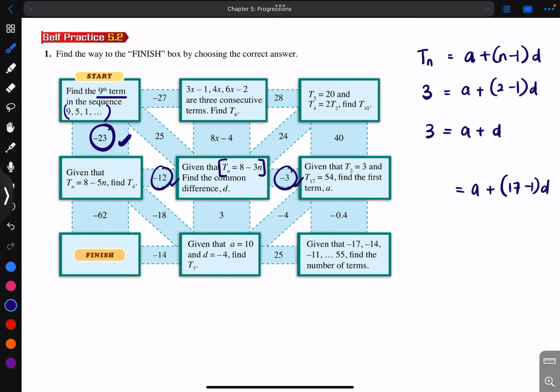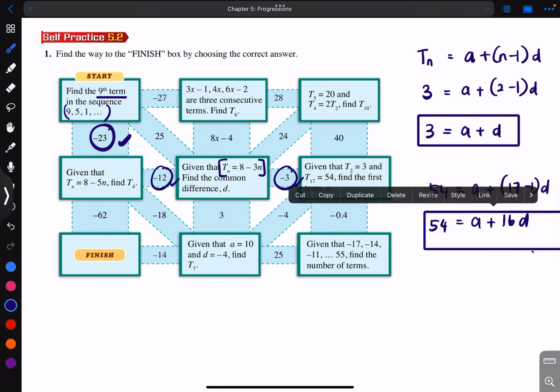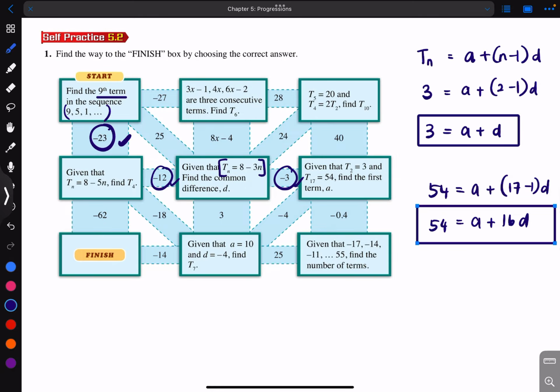So we can say 54 is this. 17 minus 1 is 16, so A plus 16D. So this will be our first equation, and this will be our second equation. We need to solve them simultaneously. Okay, so we have A plus D is 3, A plus 16D is 54.